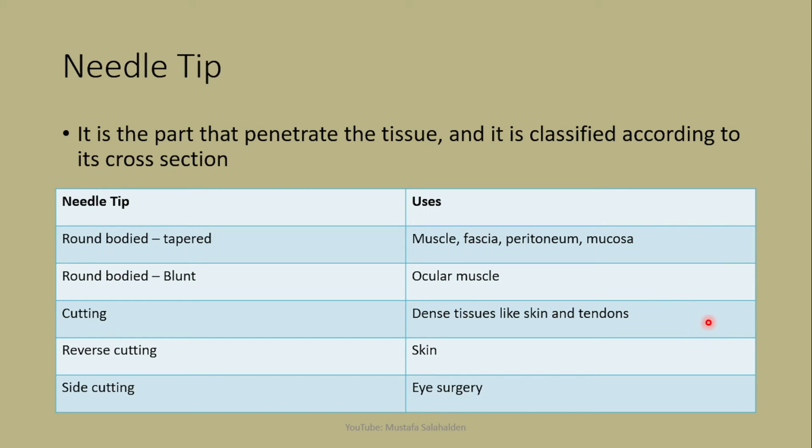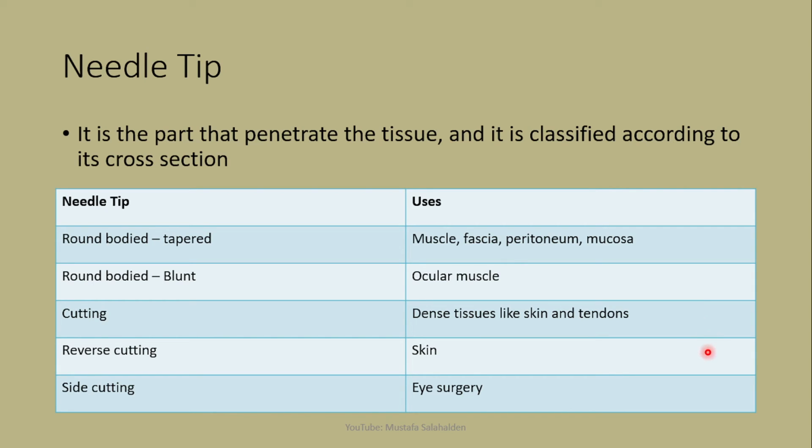And we have the cutting needles. Those have a triangular cross section, and the triangle is pointing inward. And those are used for dense tissues like skin and tendons.